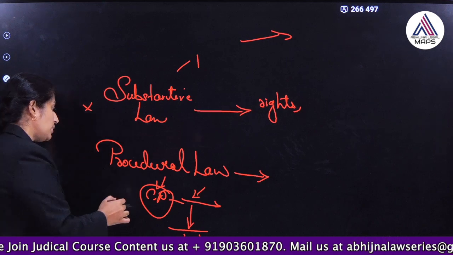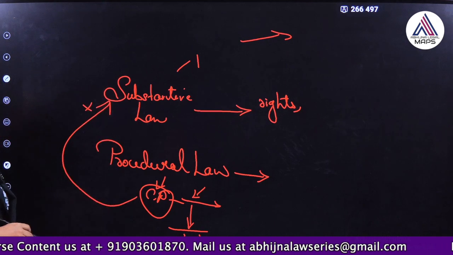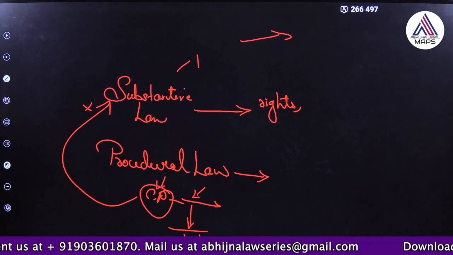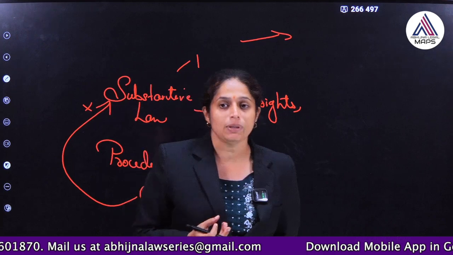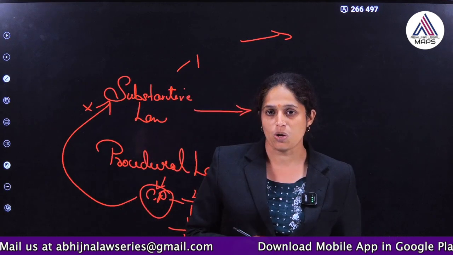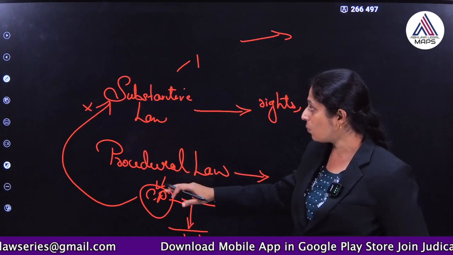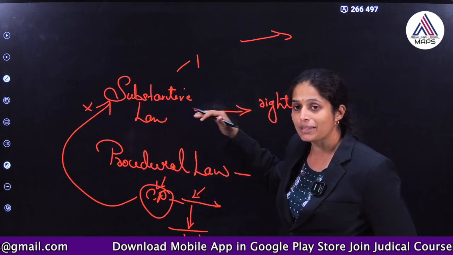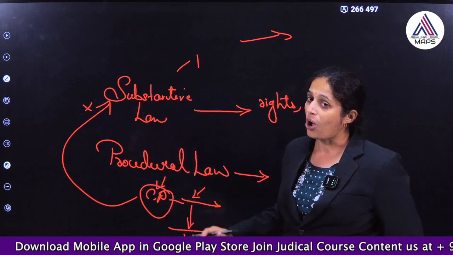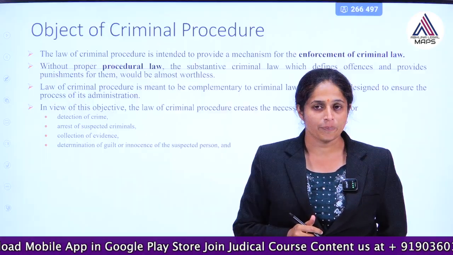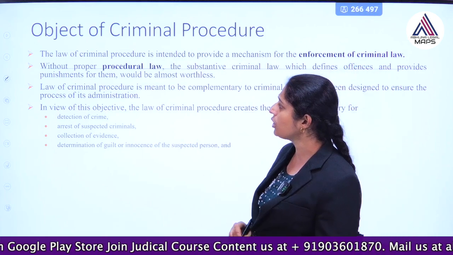The procedural law is supportive to substantive law, and if the substantive law has to have some meaning, the procedural law has to be very strong. That is the role of criminal procedure here. To give more effect to the BNS or IPC, we have the procedural law as CRPC or Bharatiya Nagarika Suraksha Samhita, okay. So, that is said to be the procedural law.